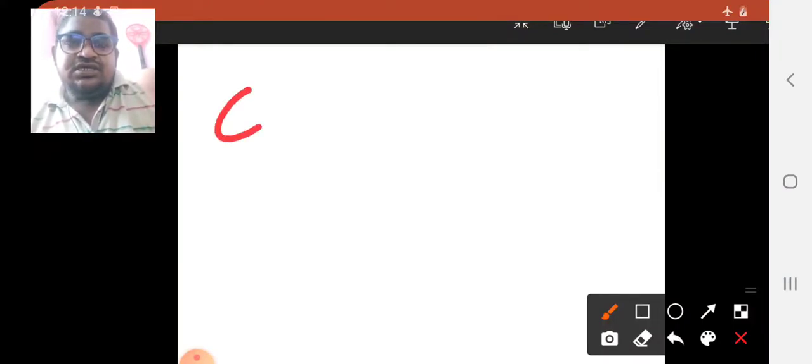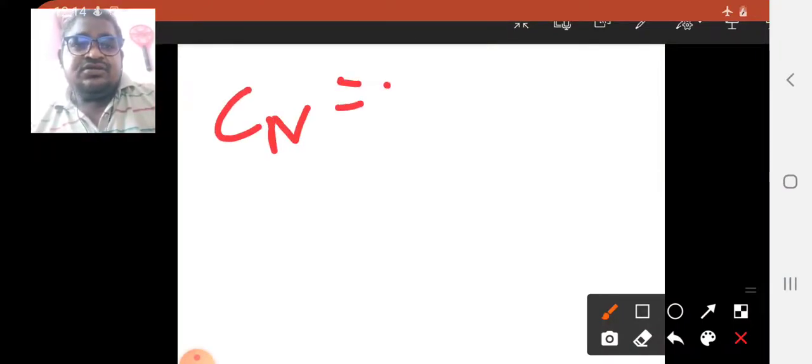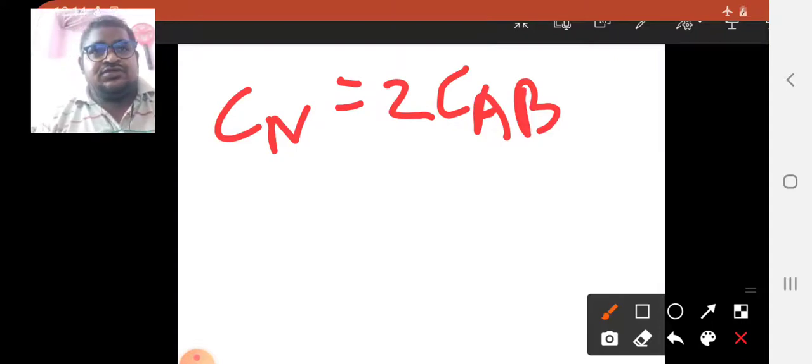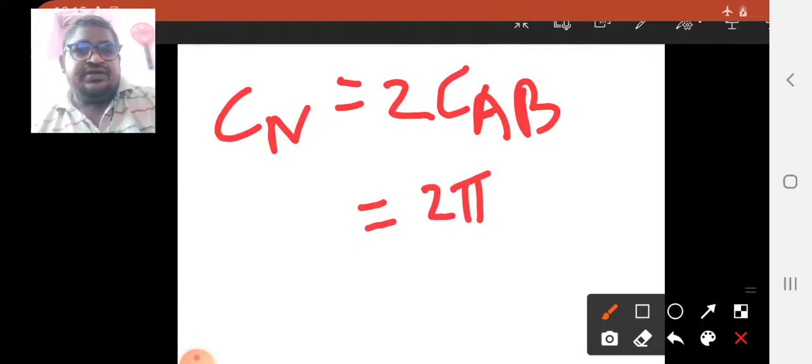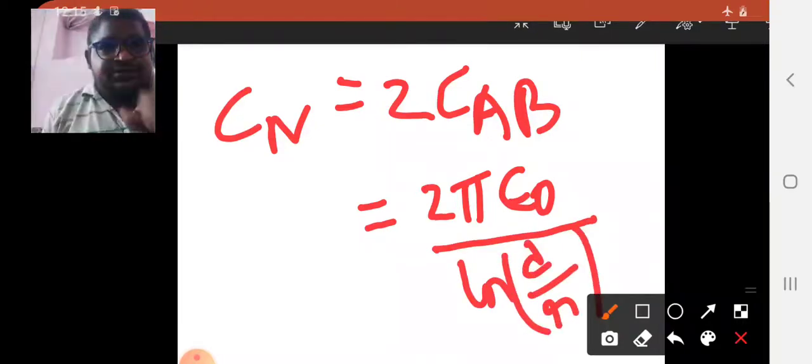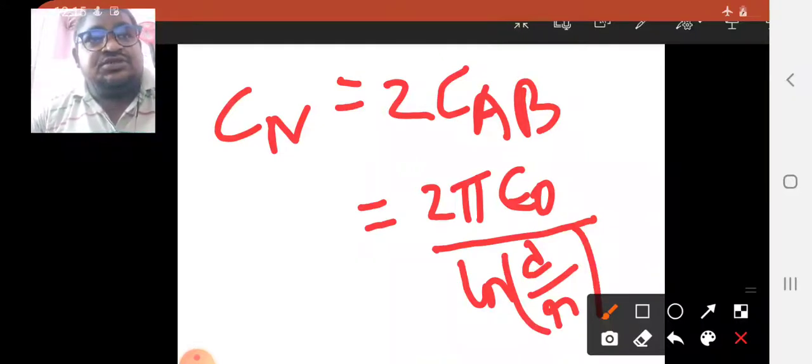So Cn is equal to 2 into CAB, which is given by 2 pi epsilon naught by ln d by r. So this is the neutral capacitance.